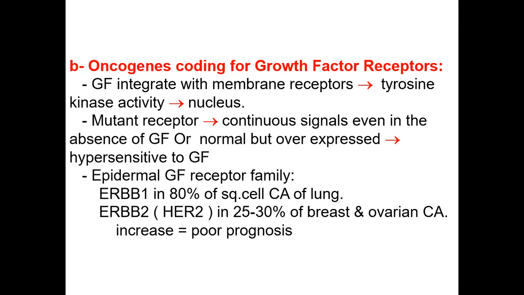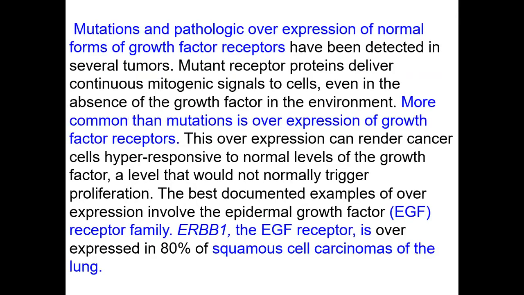Mutant receptor will produce continuous signal even in the absence of a growth factor or normal but overexpressed receptor causes hypersensitivity to a growth factor. مثال عليها هي epidermal growth factor receptor family اللي هو الـ ERB1 موجود بـ 80% من squamous cell carcinoma of the lung، والـ ERB2 موجود بـ 25 to 30% of breast and ovarian carcinoma. من يزداد expression of these growth factors, it will be associated with poor prognosis.